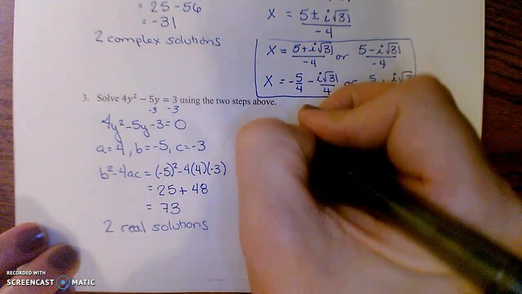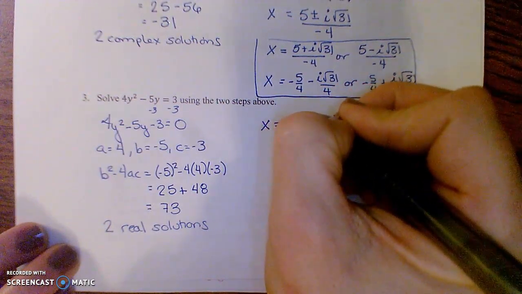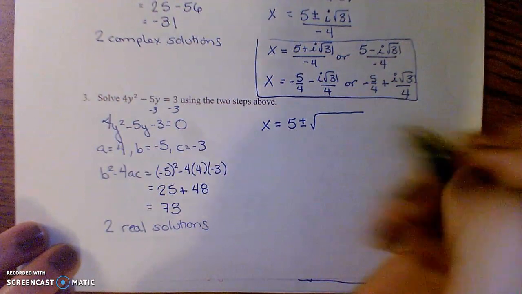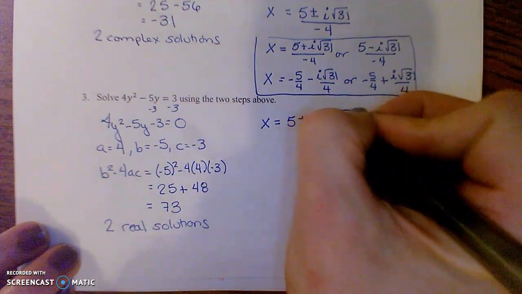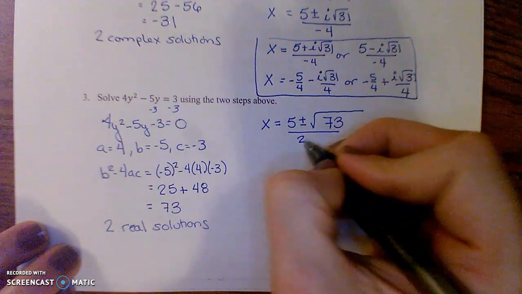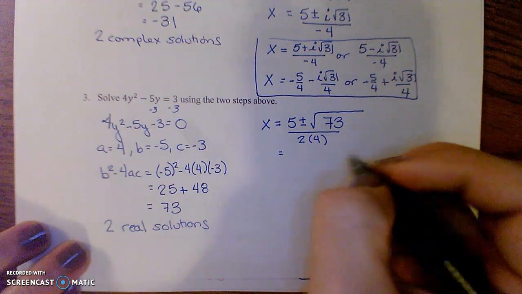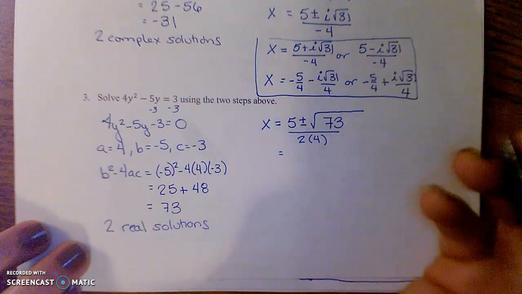So x will be negative b, so positive 5, plus or minus the square root of the discriminant, which I actually already calculated was 73, all over 2 times a, which is 4. 73, I can't simplify that, so I'm just going to leave it.